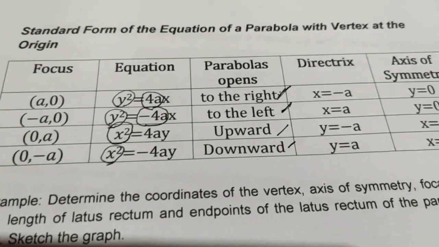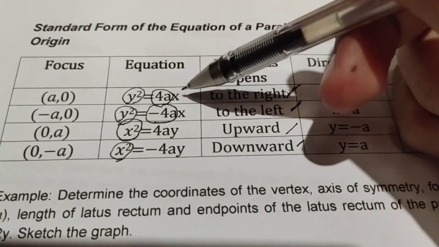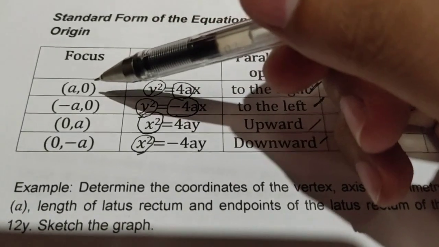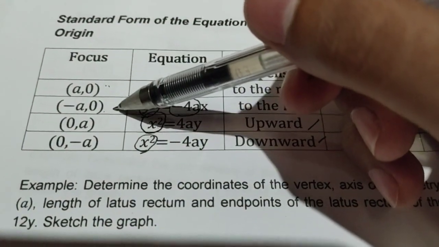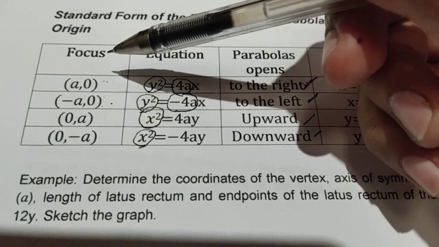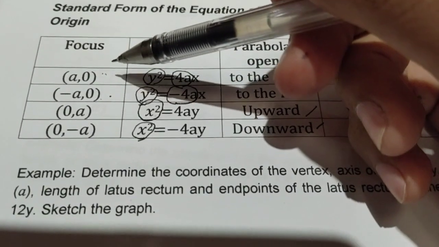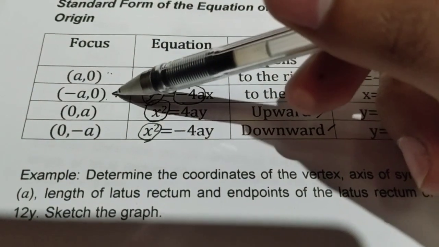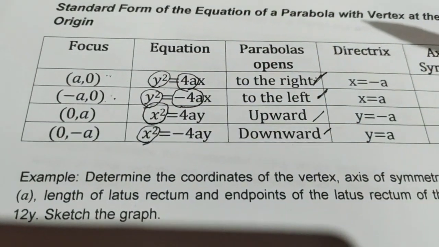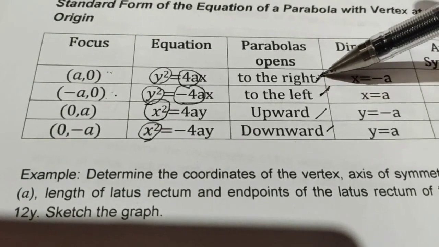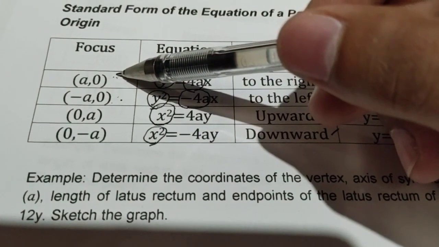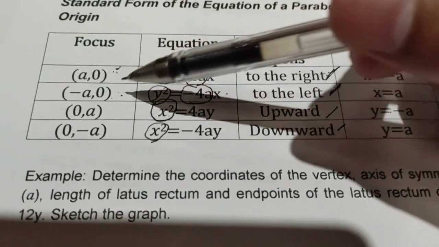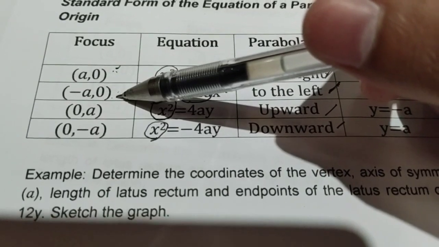As you notice, the focus of the parabola that opens to the right or left has y equal to 0. So the focus of the parabola that opens to the right is (a, 0), while the focus of the parabola that opens to the left is (negative a, 0).